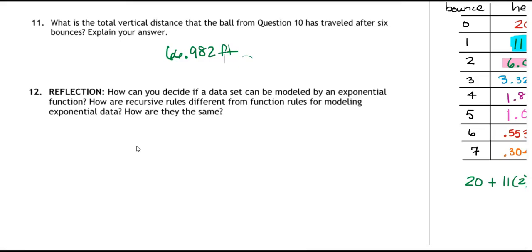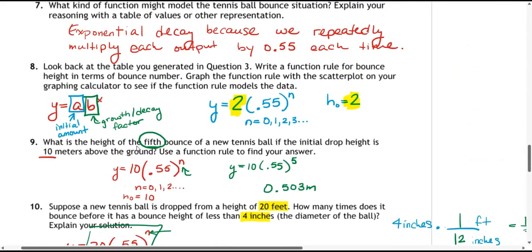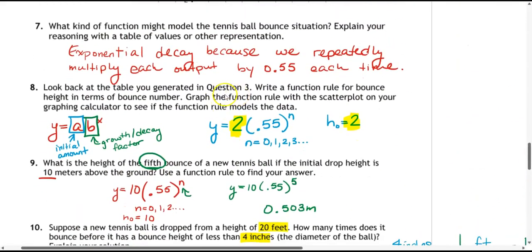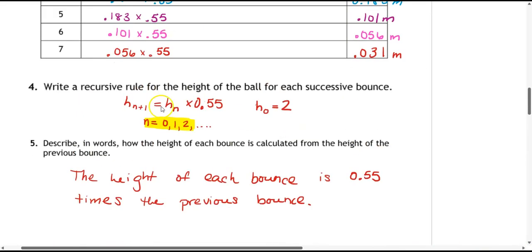They are definitely going to be the same, because let's come up here and look at this. If I look right here at this one, this is my recursive rule that I had. This is saying the next term is equal to the term before it times 0.55. And then it says right here that I had that initial term of 2, and I could have these n values increasing.